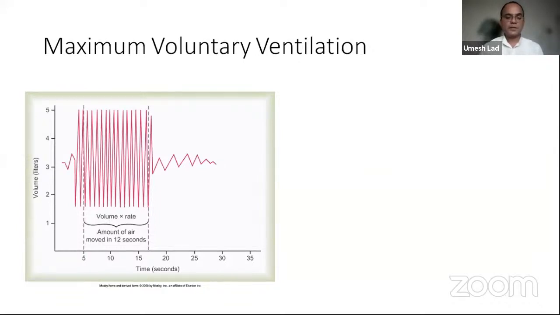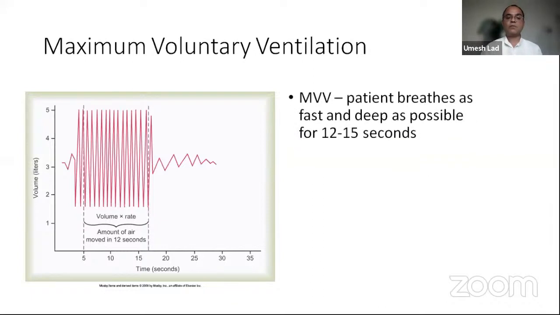But in this case, we'll ask the person to take approximately 15 to 20 breaths, and then we'll calculate that against the time, and then we'll calculate the maximum voluntary ventilation in 1 minute. Okay, so the patient breathes as fast and deep as possible for 10 to 12 to 15 seconds.